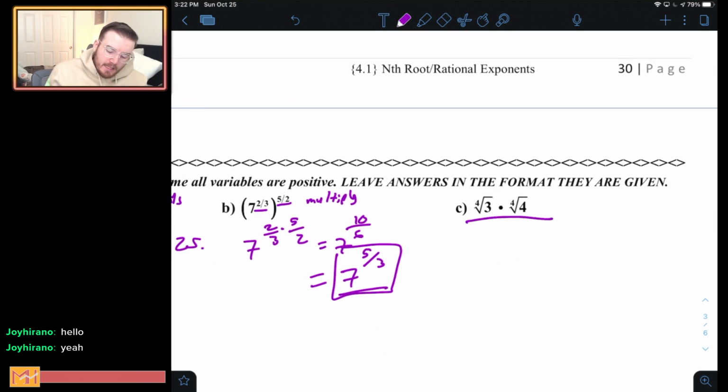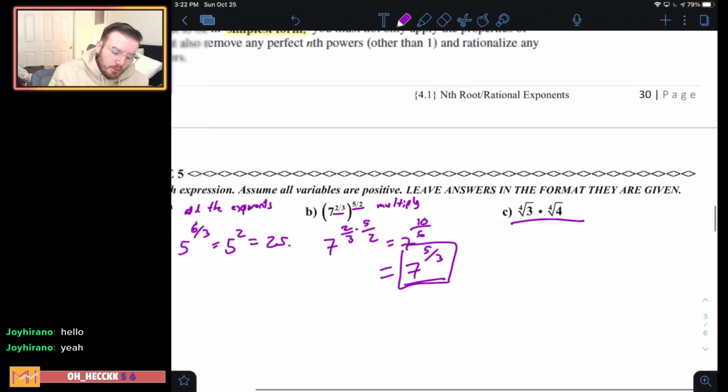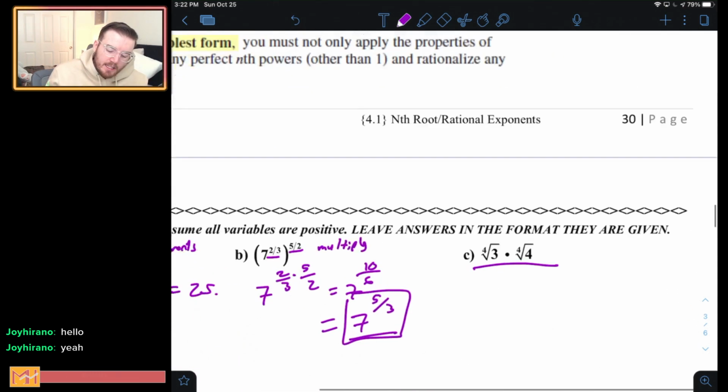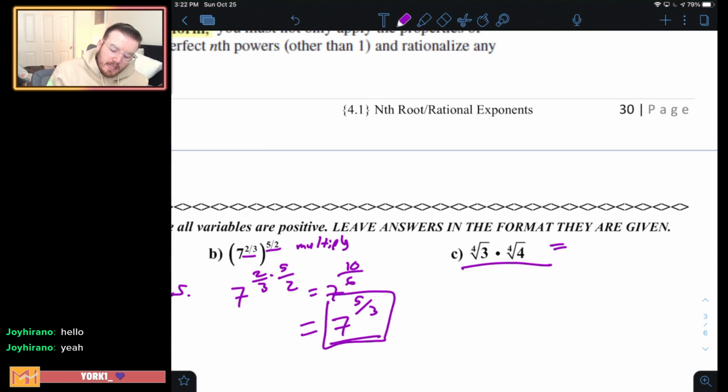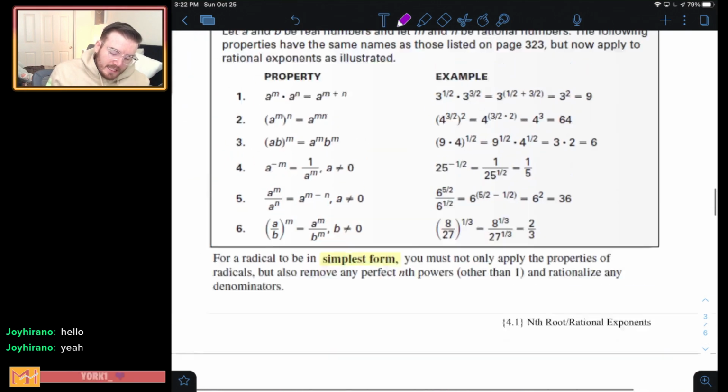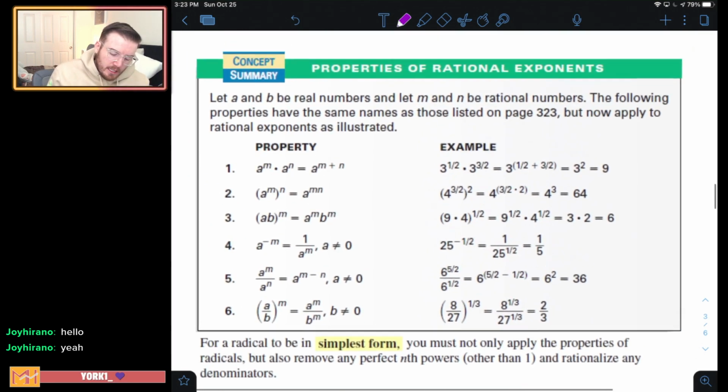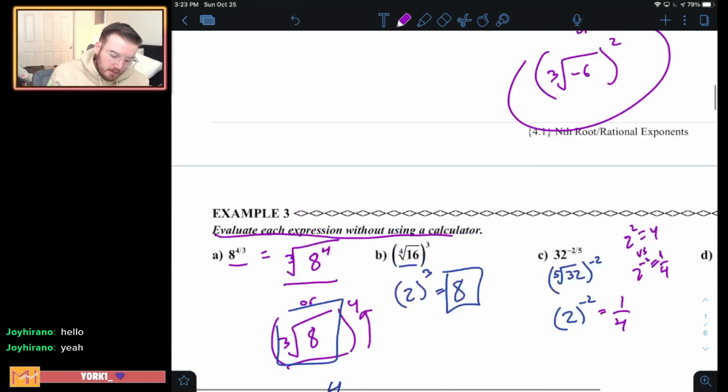How can we combine these together? Well, they're the same size root. So because they're the same size root, we can just combine the insides. So that's the 4th root of 12. That's not actually listed here, but I think it's listed up above.